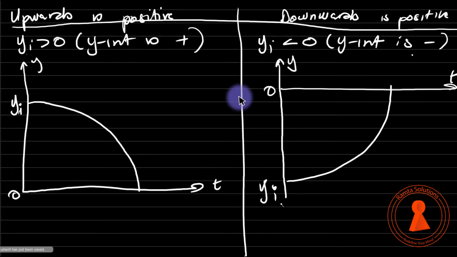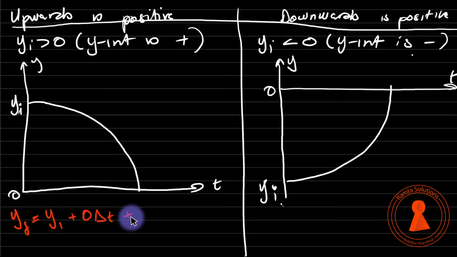Remember what I said? I like saying y final would be y initial plus, remember our initial velocity was 0, so it must be y initial plus 0 delta t plus half of negative 9,8 delta t squared.